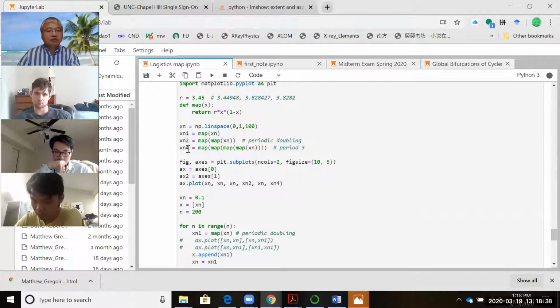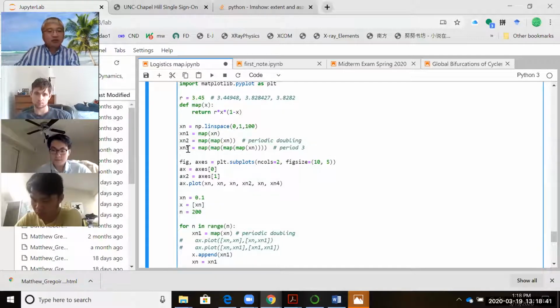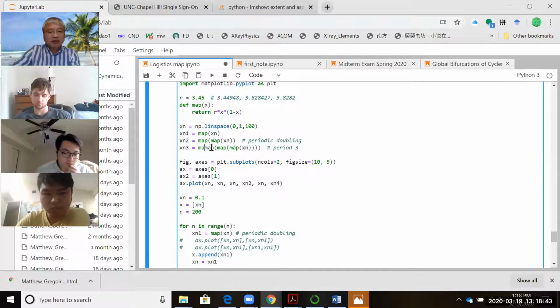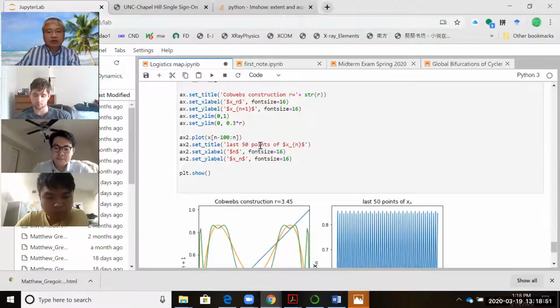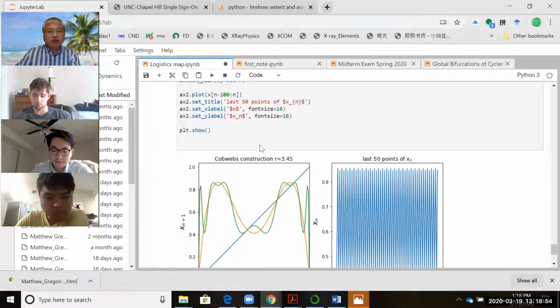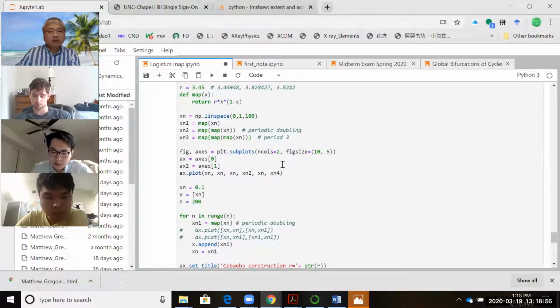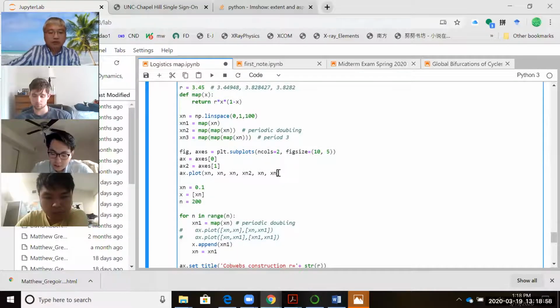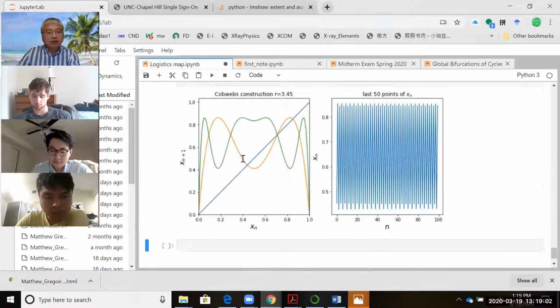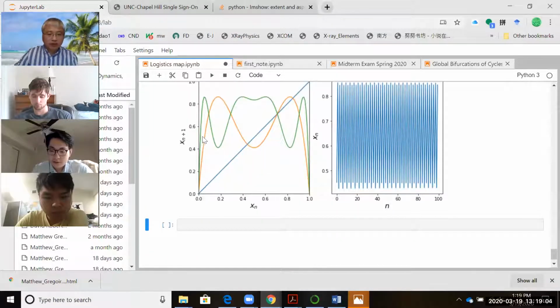Here, just to show that indeed we have a period 3, I'm doing period 3. So I apply the map three times. That should give a fixed point for period 3. Oh, I should plot 3, not 4. The orange curve is the map squared.